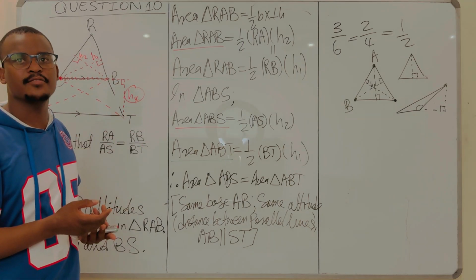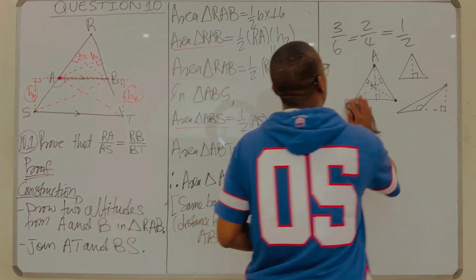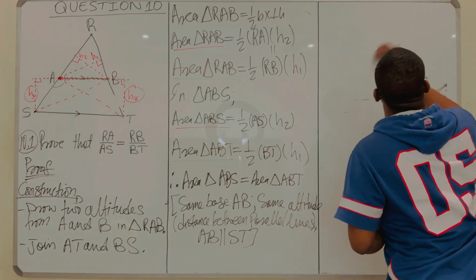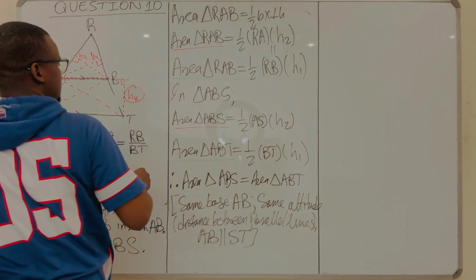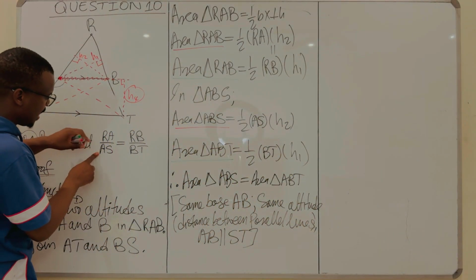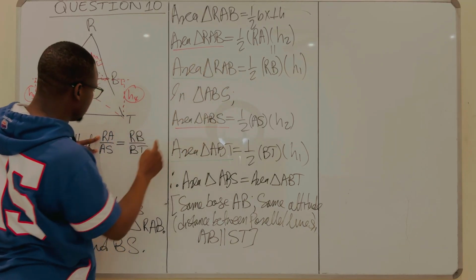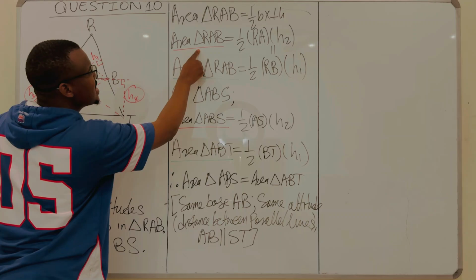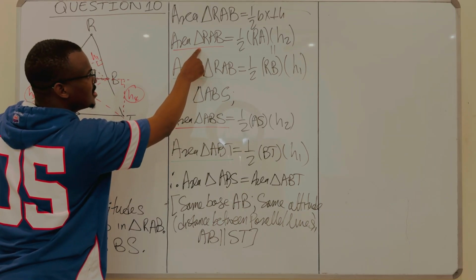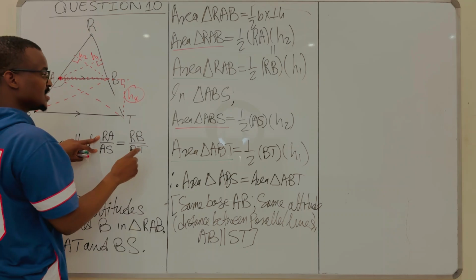And you should be fine from there. So what I'm going to say from here is, I've indicated my RA and AS, here's my RA on this red underlined thing, and my AS on this red underlined thing. So the area of this small triangle RAB is the same as the area of triangle.